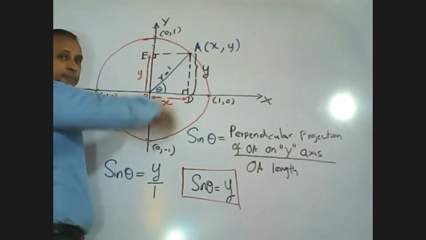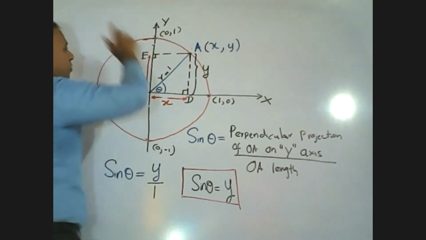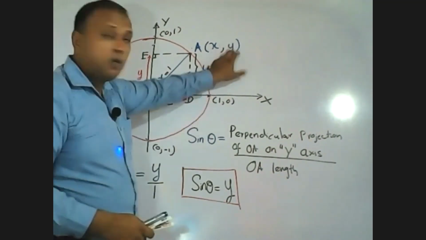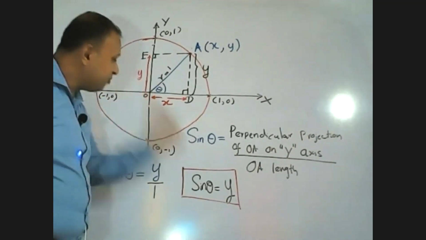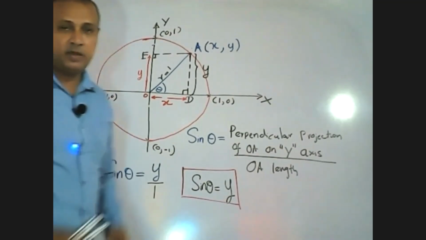Once you rotate this line segment by 620 degrees, you can take the y coordinate of that particular point. That y coordinate is equal to the sine value.